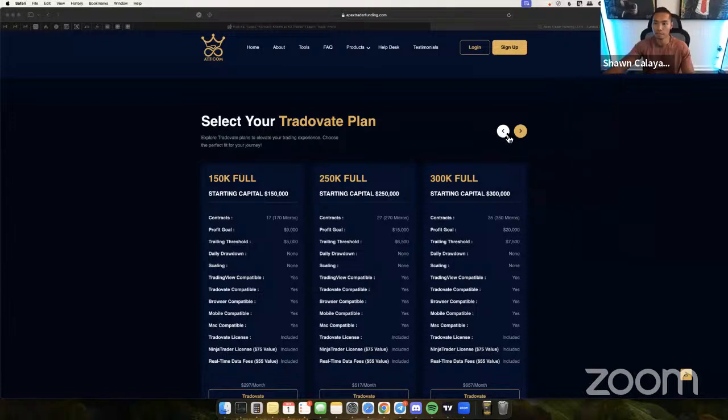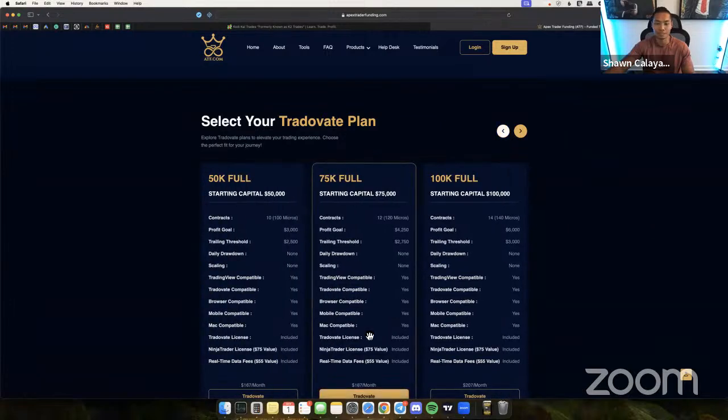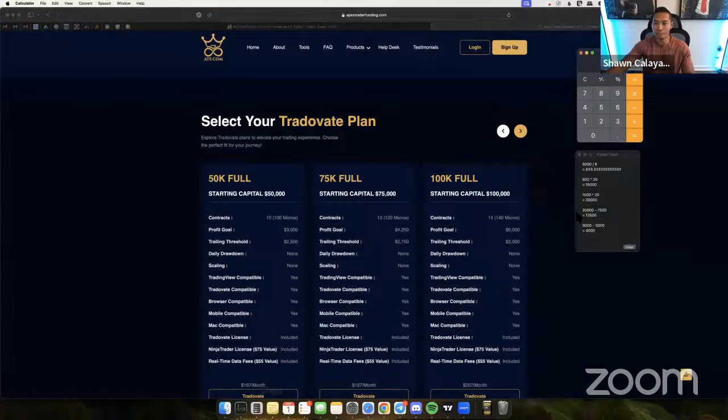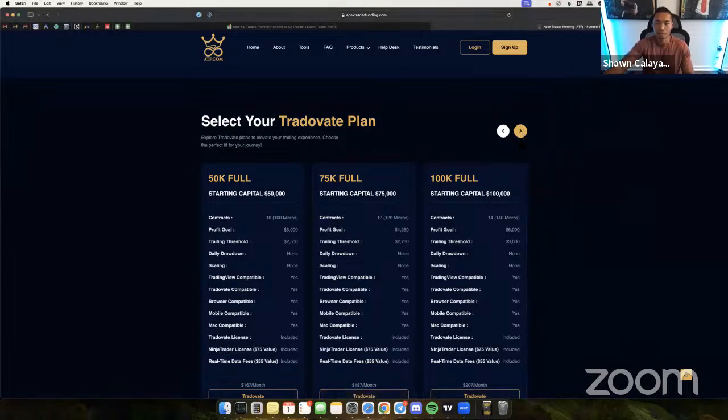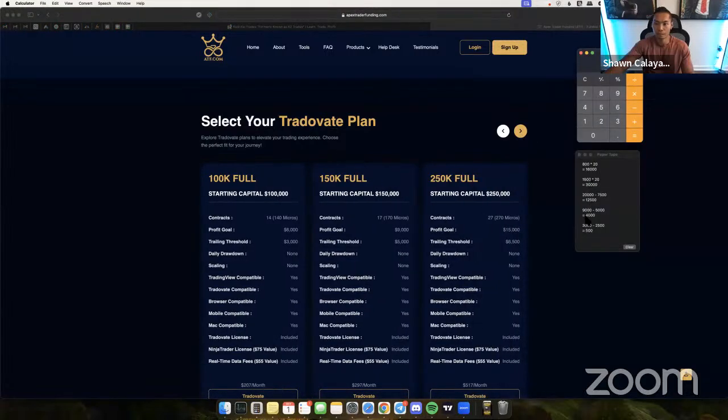This is basically like you probably sports bet, Stanley. You seem like a type of sports bettor. So you think about the spread, right? These are the odds. Like the odds of you passing get tighter and tighter if you go for the smaller accounts. Minus 2,500. The spread here on the 50K is $500. So it's like, okay, those are your odds. Plus 500. Your odds for the 150 are 4,000, right?